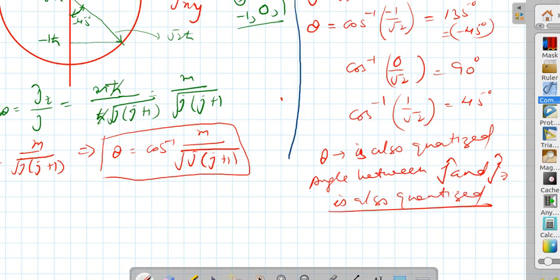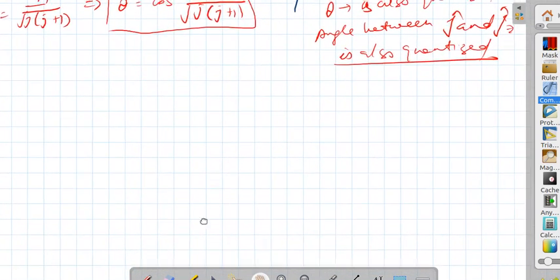Similarly, we can take another example for j equal to 2, and the possible values of m are minus 2, minus 1, 0, 1 and 2.